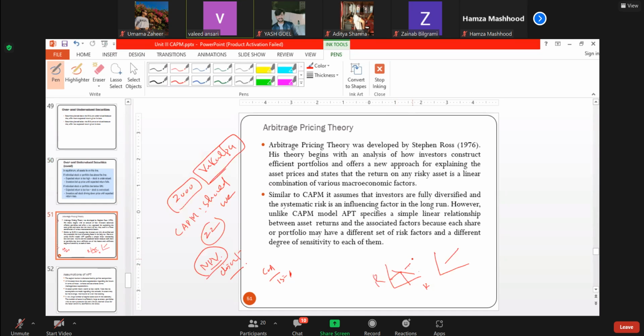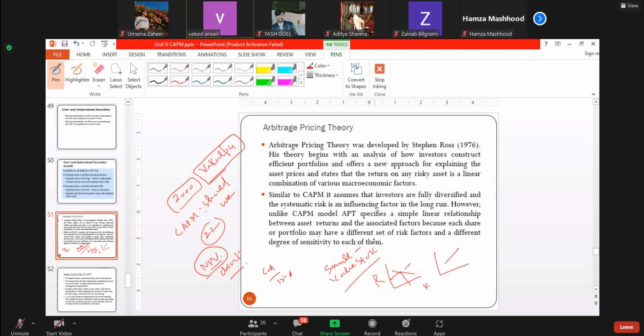Other anomalies are that small stocks, small caps, have provided higher returns than large caps. Value stocks have provided higher returns; value stock means high book value to market value, and they have higher return. All these anomalies, like the size effect and others, try to undermine the prediction of CAPM. But still CAPM survives, and it is one of the most used.